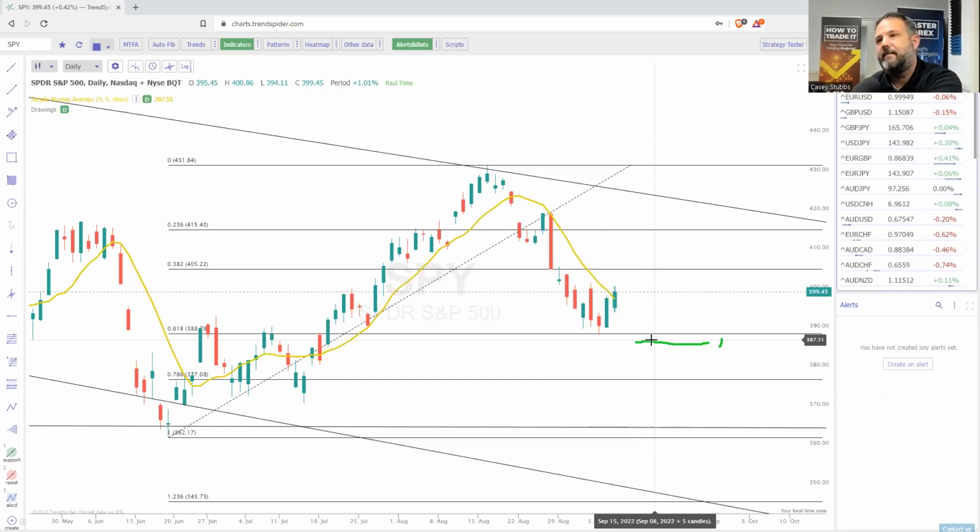It wouldn't be a $3 stop, because I'd be entering around $400 today. So 90 is a $10 stop, and then 86 is about a $14. So we're going at about a $14 stop with a $20 target.